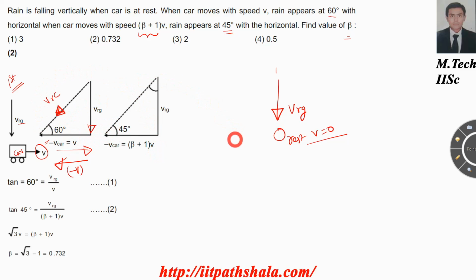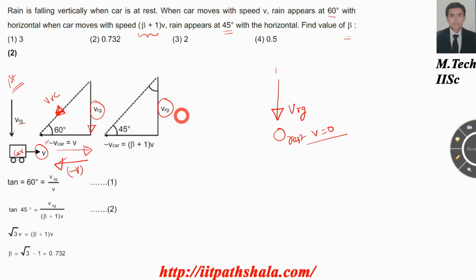Now how you can find the value of beta over here is, you can take tan theta. So tan 60 degrees will be equivalent to the ratio of V_RG upon the velocity of the car, which is nothing but V, and tan 45 degrees will be equivalent to V_RG upon beta plus 1 V over here. Nothing fancy about that.